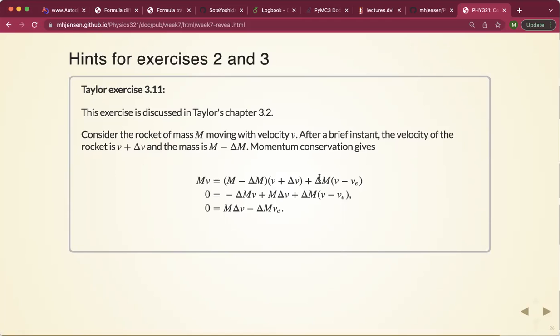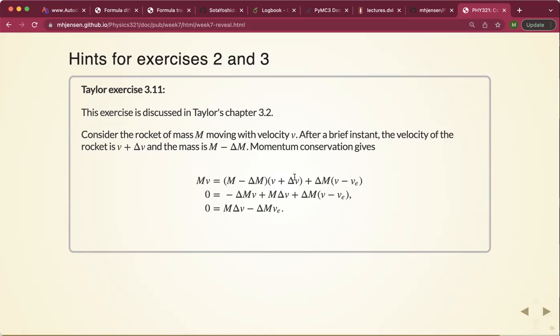Then what you have is just a manipulation of the equations. And you see that what is normally done is that you skip the terms which go with delta m times delta v. When you multiply out here, you will see that there is a term delta m times delta v.